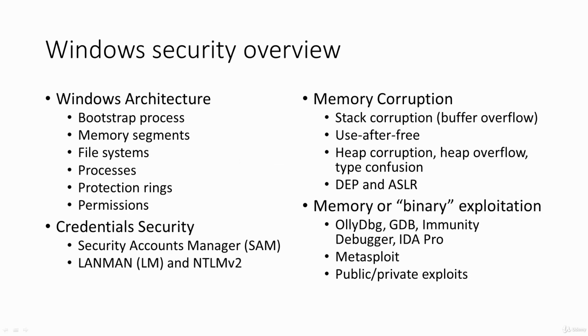First, let's review Windows architecture and the theory: how attacks work, what can prevent them, and what security controls we have to circumvent in order to successfully attack Windows systems. So first of all, let's review the architecture.